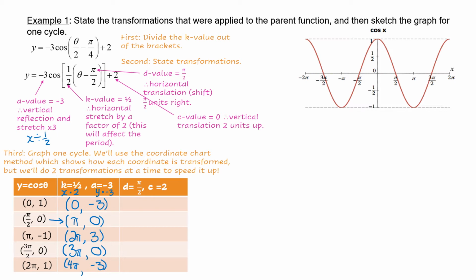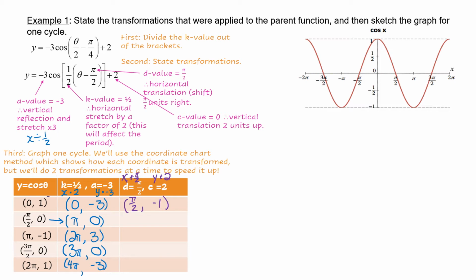So I'm going to take all of my x's and add pi over 2 to them. And at the same time, I'm going to take all of my y's and add 2 to those. So 0 plus pi over 2 goes to pi over 2, and negative 3 plus 2 is negative 1.